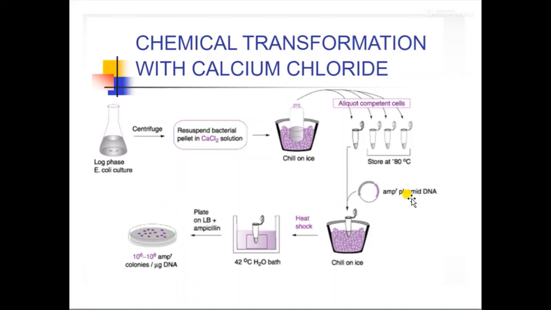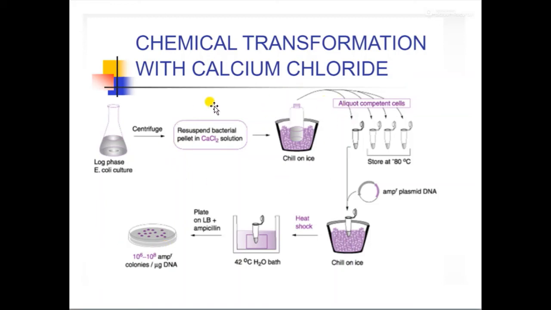Now, since this recombinant DNA contains an ampicillin resistance marker, you will use an agar plate which contains ampicillin. And after that, you will select the colonies which have ampicillin resistance to find out whether they contain the particular gene of interest or the recombinant plasmid.